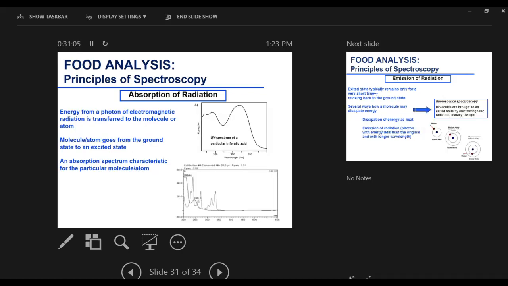Every molecule has its own absorption spectra, so the different wavelengths at which molecules absorb depend on the allowable energy for each of these molecules or atoms. And this allows for identification or differentiation between different molecules or atoms that absorb light.